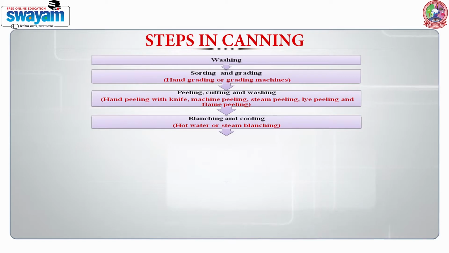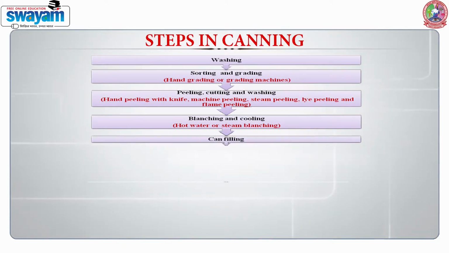After washing, the material is blanched, and this is followed by the cooling process. Once the fruit, vegetable or other food material to be canned is cooled, it can be filled in the cans.